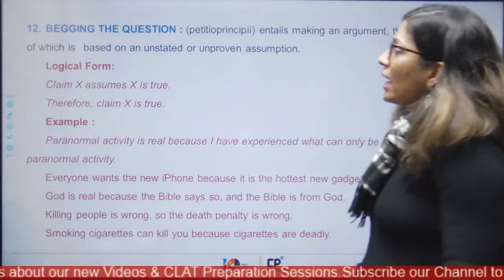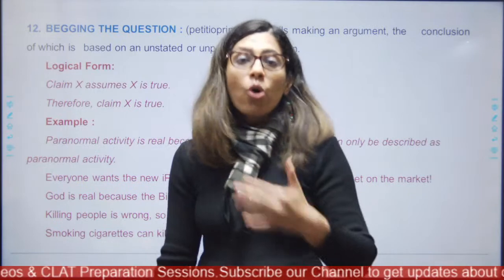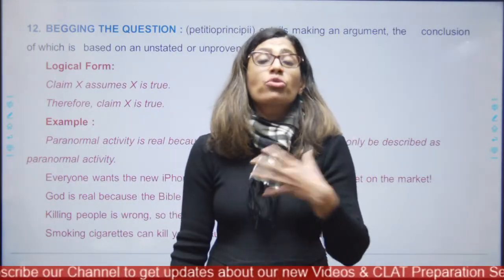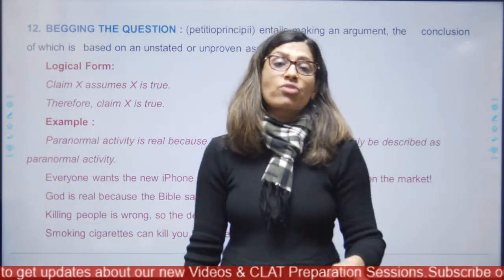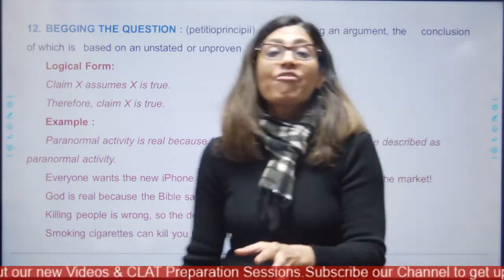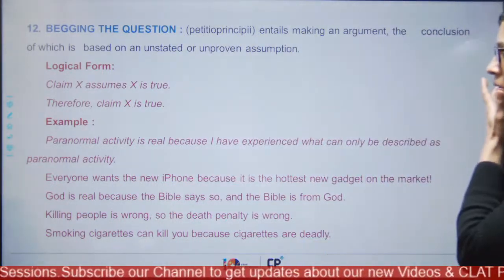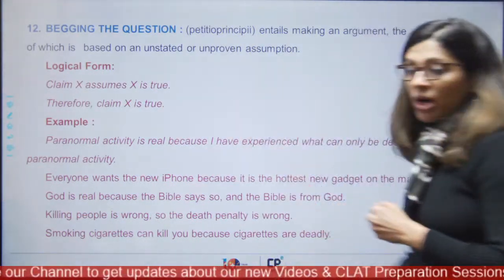That means in this case, there is no premise given to you. Just because I feel X is true, therefore X is true is the argument structure. So logical form you can note down from here.